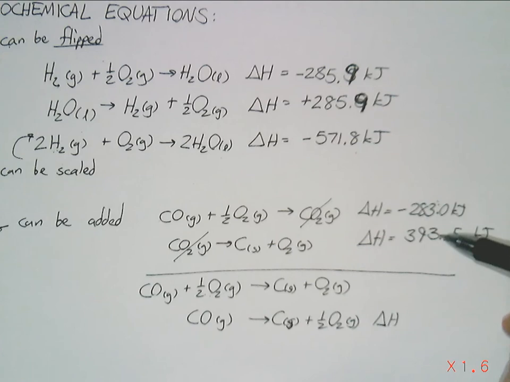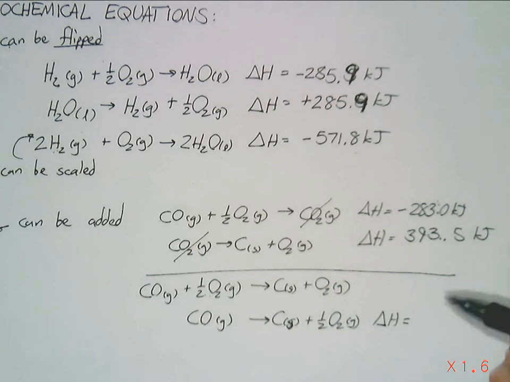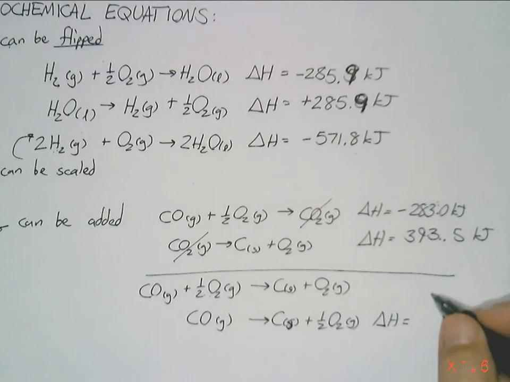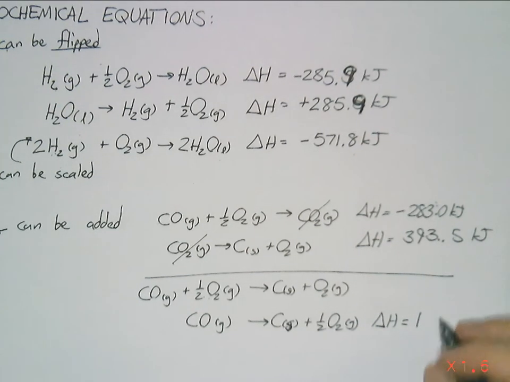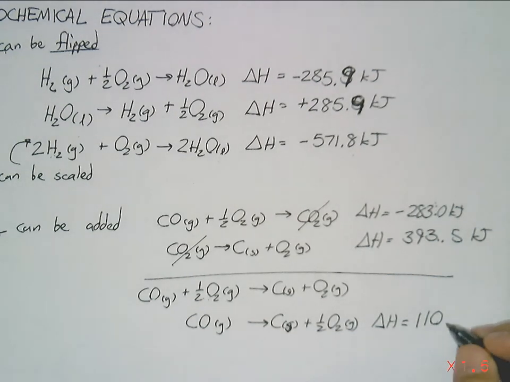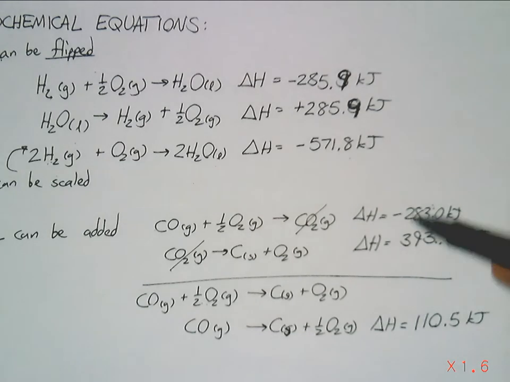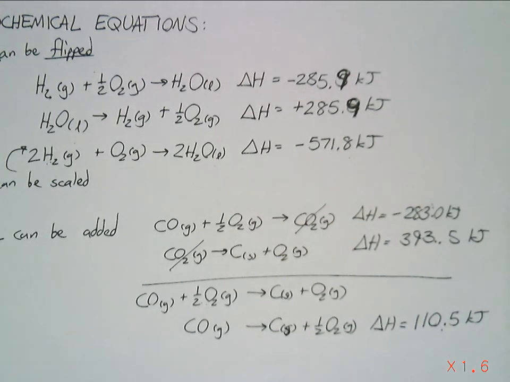So this is going to be 393.5 minus 283, which is 110.5. So you add this to this and you should get that.